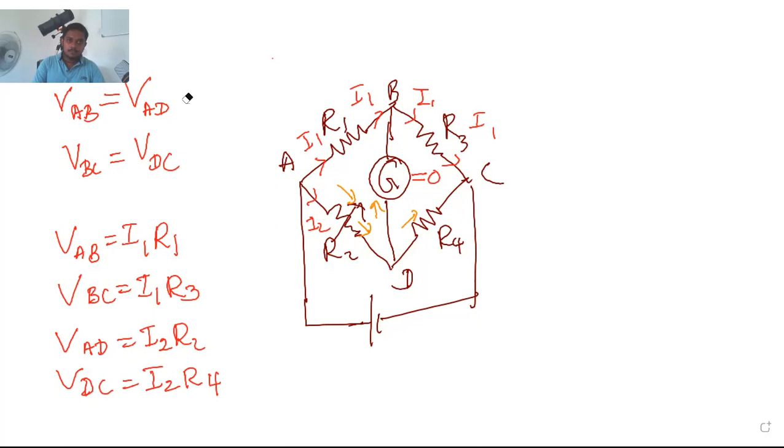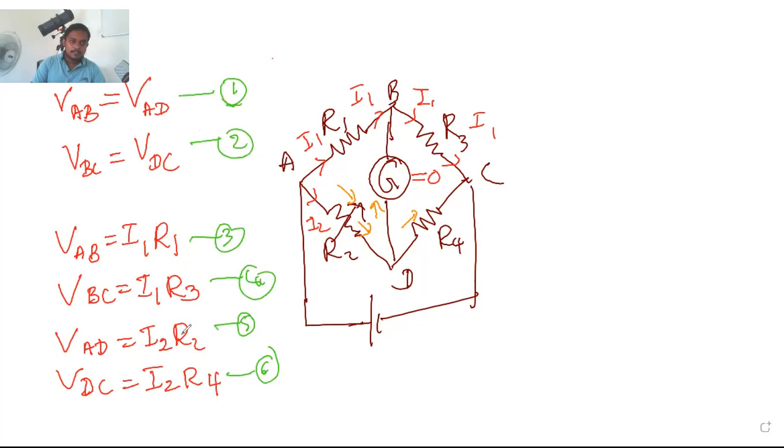You can see VAB and VAD are the same. We can write I1 R1 is equal to I2 R2.